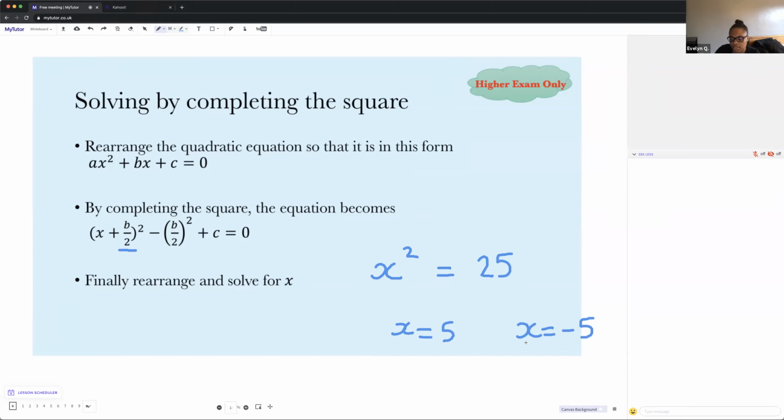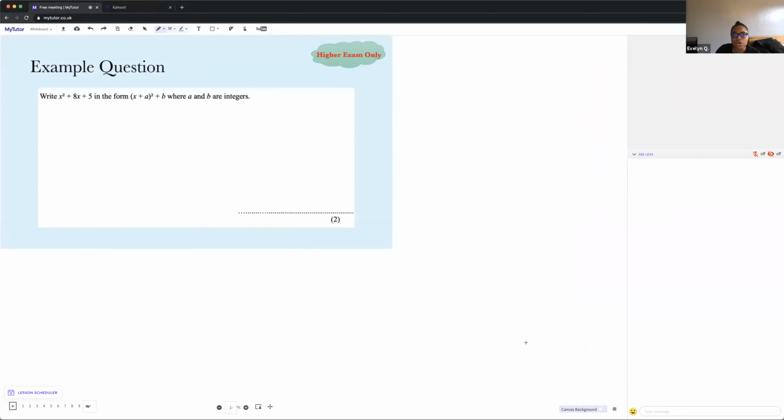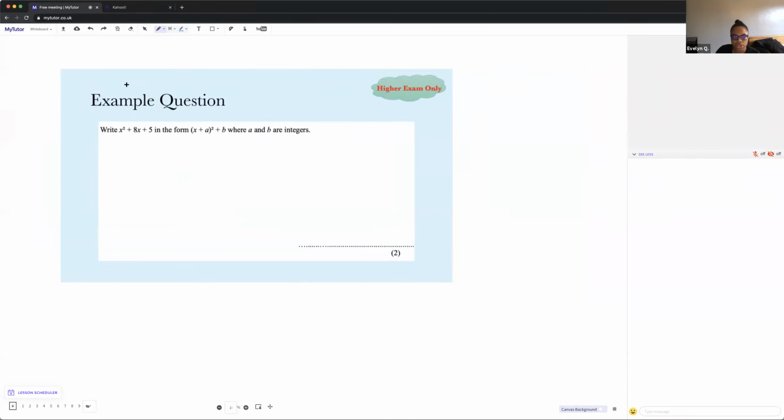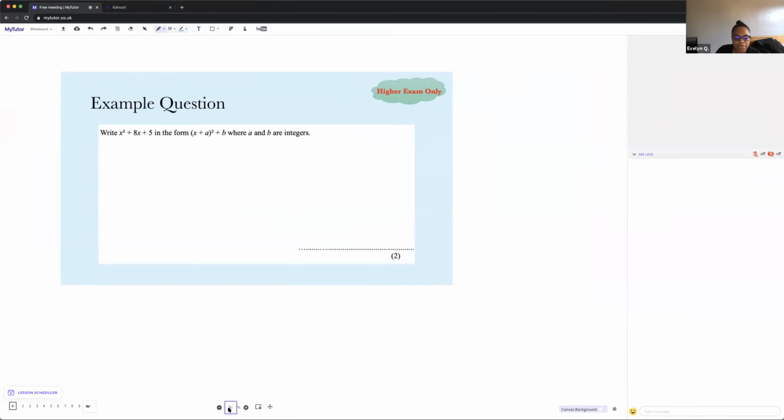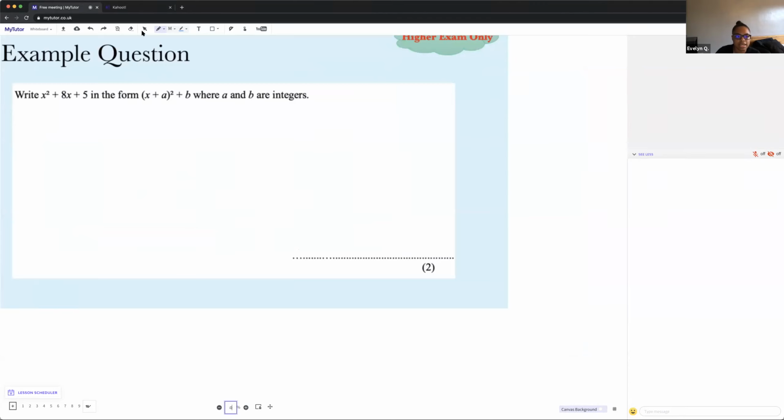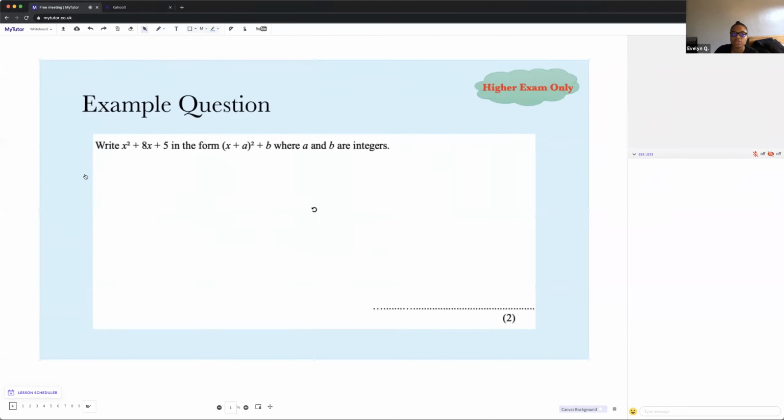So that's really important. Now, I'm going to go through this question with you just because of time. I'll show you how to complete the square using this, and then we will move on to using the quadratic formula, and then we'll go on to the quiz.